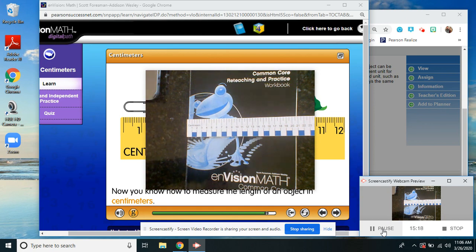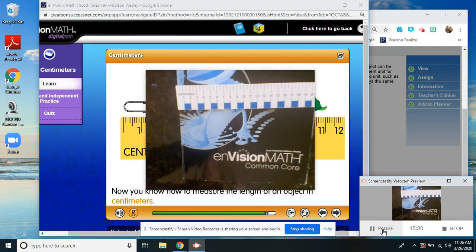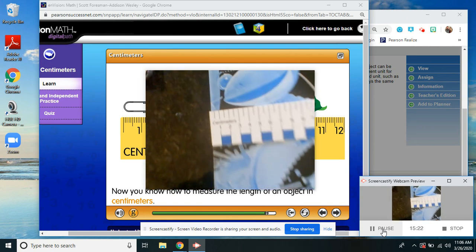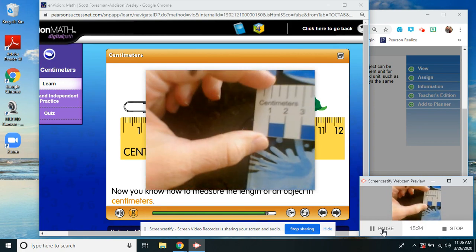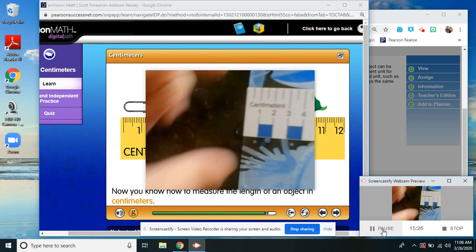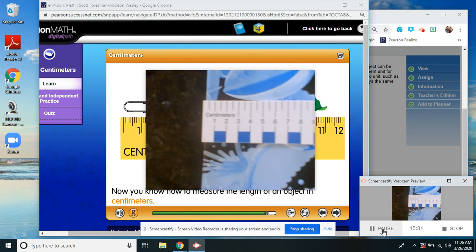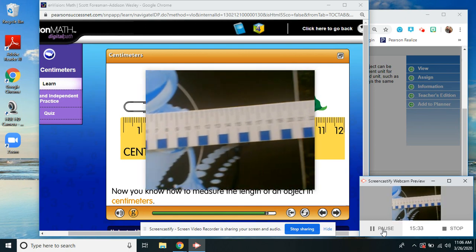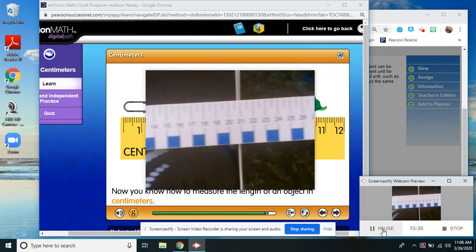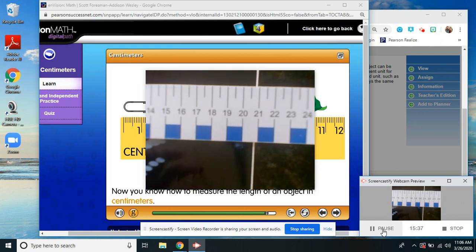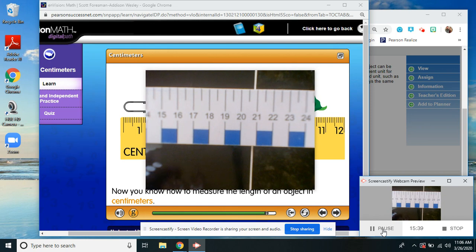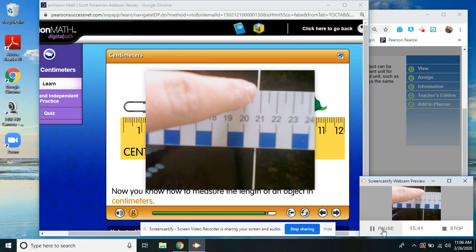Okay, so I am measuring the width of my workbook here, and I am carefully lining up the end of my ruler to the edge of my book, if you can see that. And as I look across my workbook, my workbook lands almost to the 21 centimeter mark.